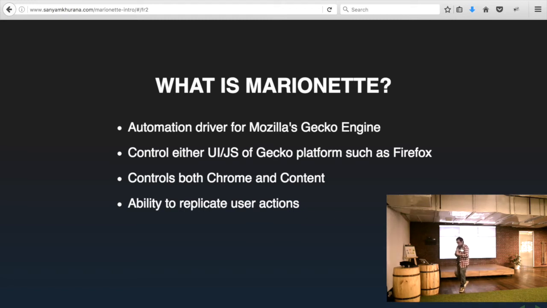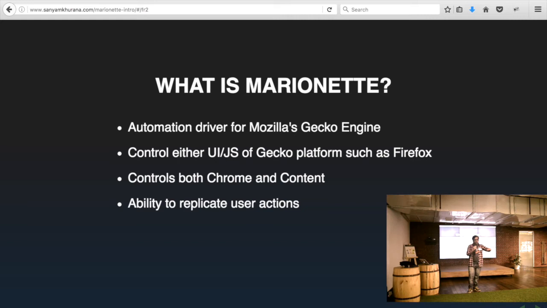Now, you need to understand that all of Mozilla's products use a core technology which is the Gecko engine, right? Everything like Firefox OS, messaging clients like Thunderbird, InstantBird, everything internally uses the Gecko engine. They are built on the Gecko engine.